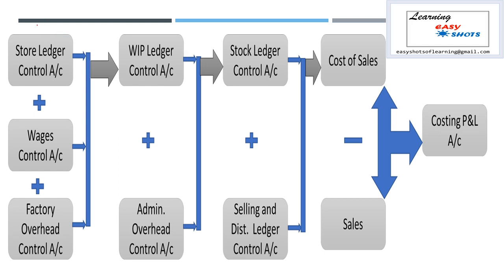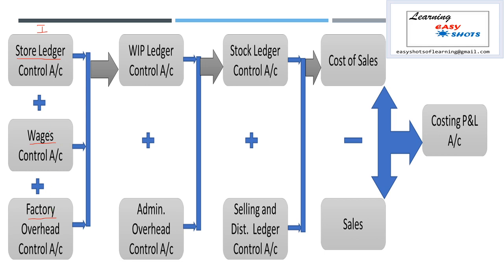So in the first step, we open three accounts. First account is stores ledger control account for all those expenses or transactions that are related with material. The second account, wages control account, for the payment of wages to the workers and employees. And the third account, that is the factory overhead control account, for the factory related expenses.